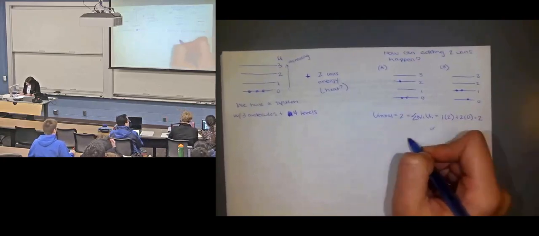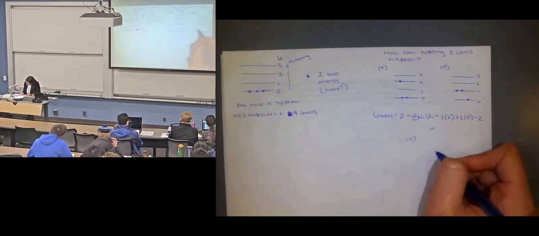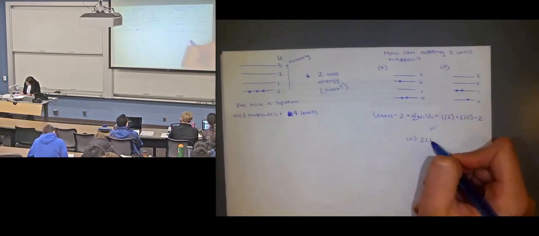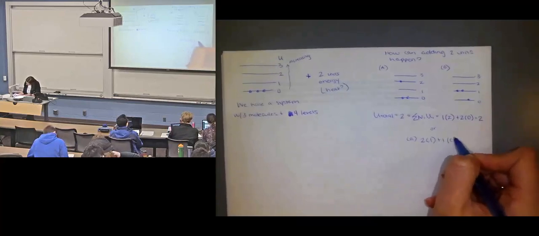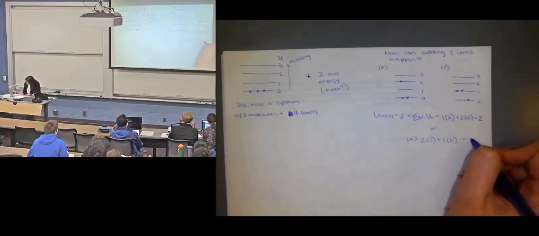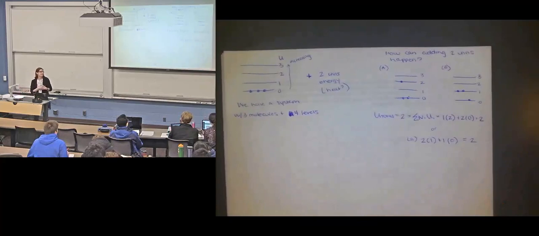Or for B, I have 2 in the first energy level, 1 plus 1 in the 0th. Sum them all up, they're both still equal to 2, so everything's conserved, everything looks good, I'm happy.